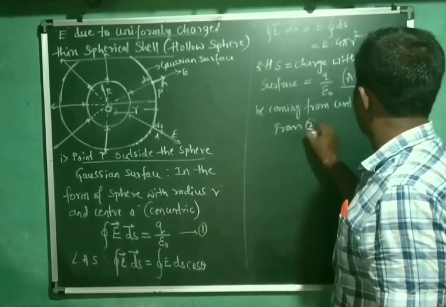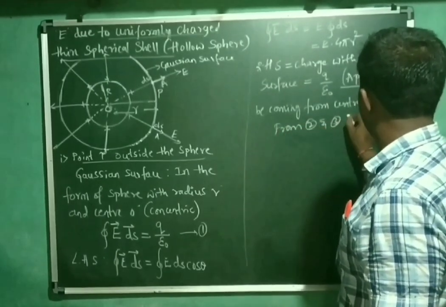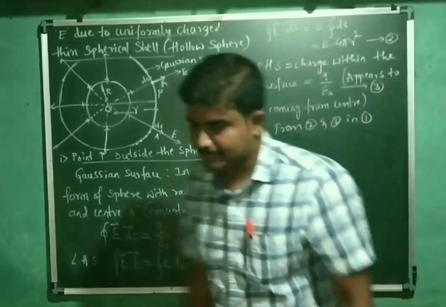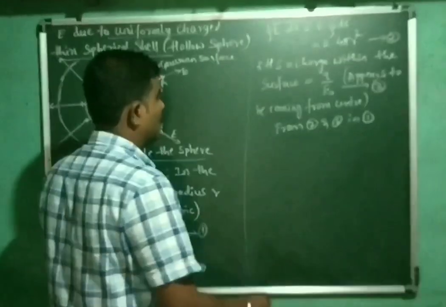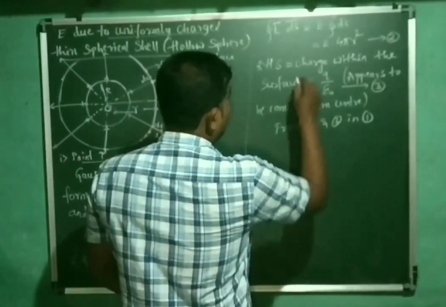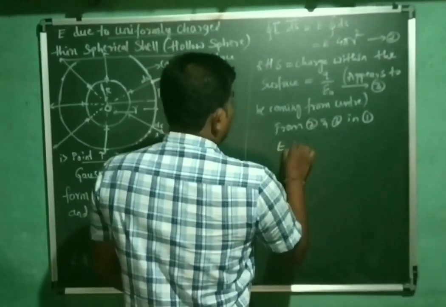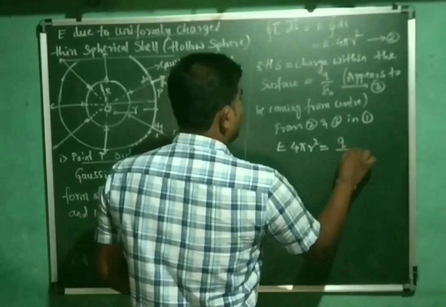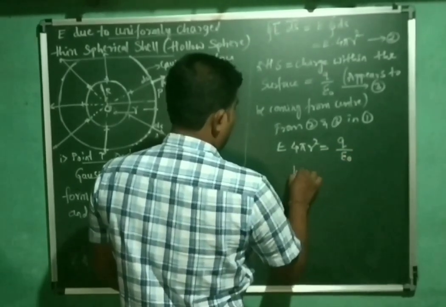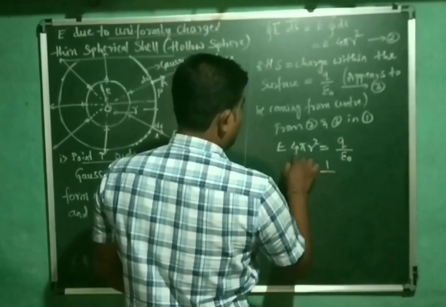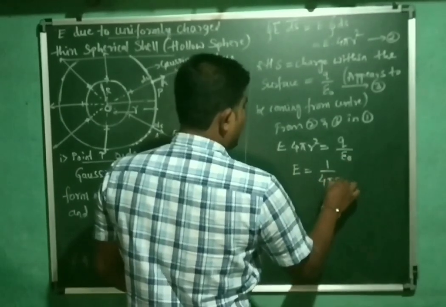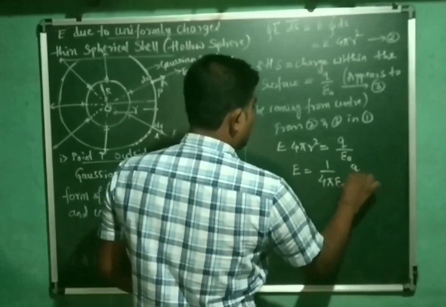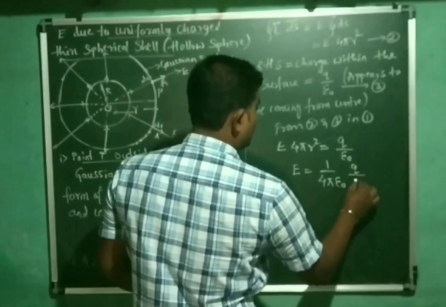Substituting equations 2 and 3 in 1, we are going to get E into 4 pi r square is equal to Q divided by epsilon naught, or E is equal to 1 divided by 4 pi epsilon naught Q divided by r square.